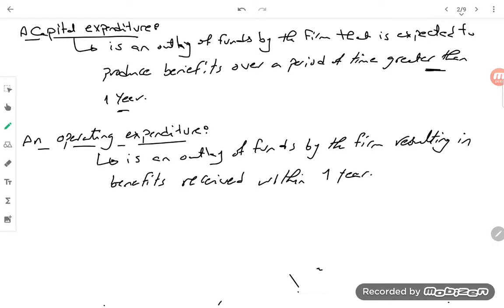What's cost of capital? Cost of capital is the firm's cost of financing and is the minimum rate of return that a project must earn.